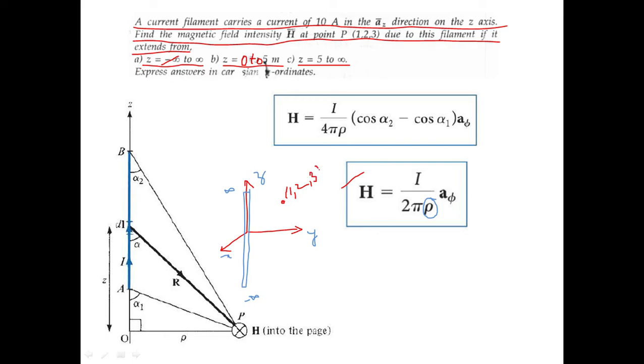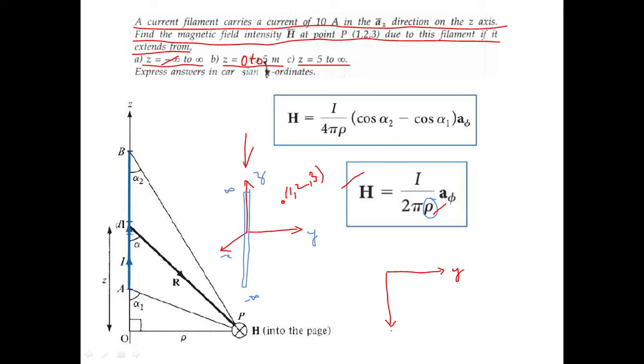We know that this rho is the perpendicular distance from the line charge. Now what happens when you look at this from the top? You will have x like this and y like this. Y will be on this side.